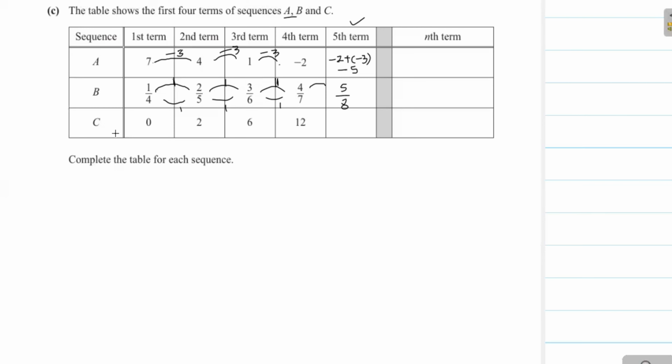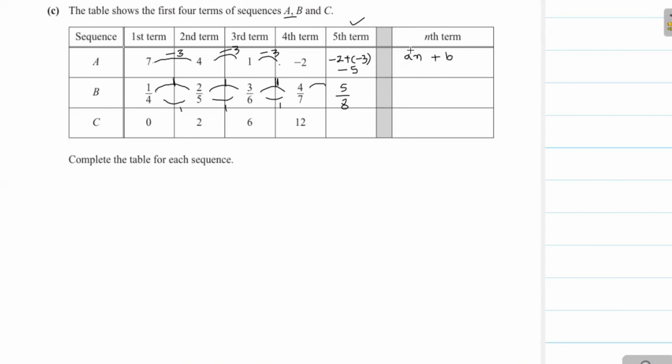And next, sequence C. For calculating the value of sequence C, firstly, we will calculate the nth term of sequences A and B. Look here, in sequence A, the first difference is the same. When the first difference is the same, this is a linear sequence. The nth term of a linear sequence equals an plus b.